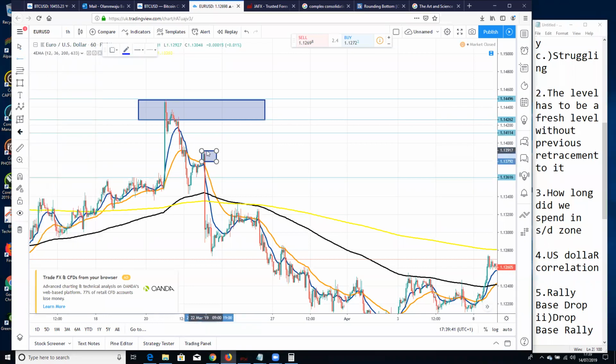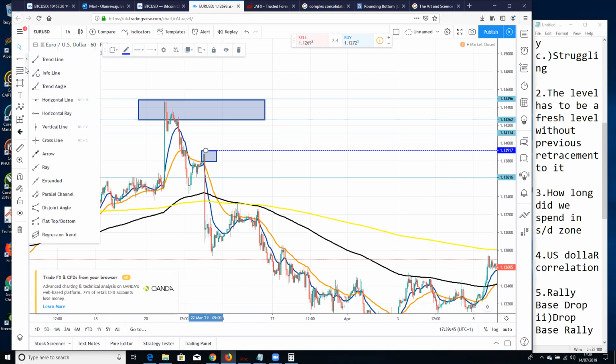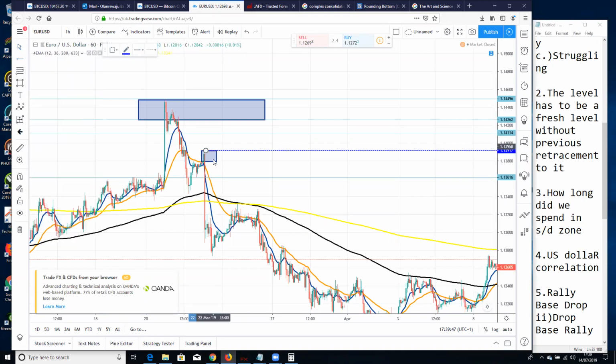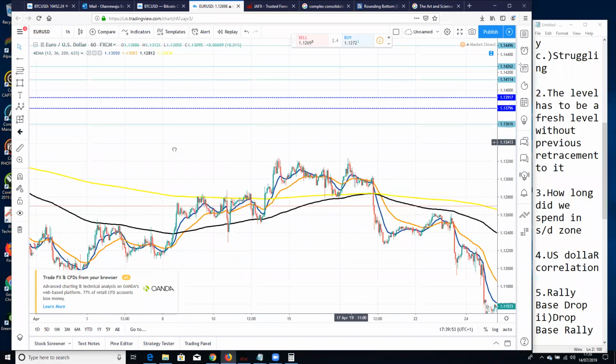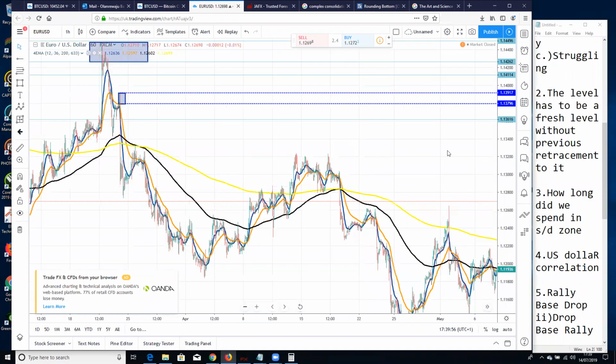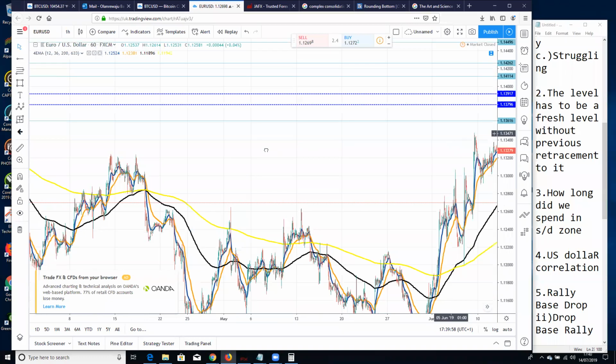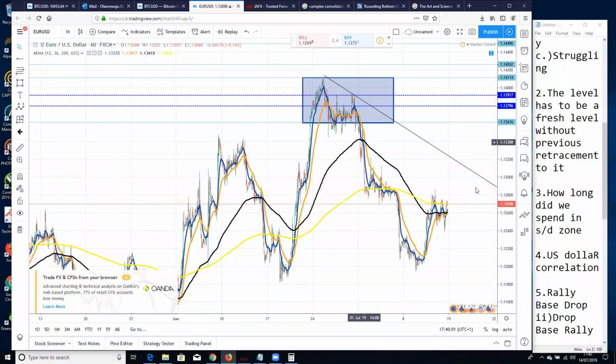So let me check this area forward and see where we are currently. This is where we are, and this is the area we are talking about, this particular area here.